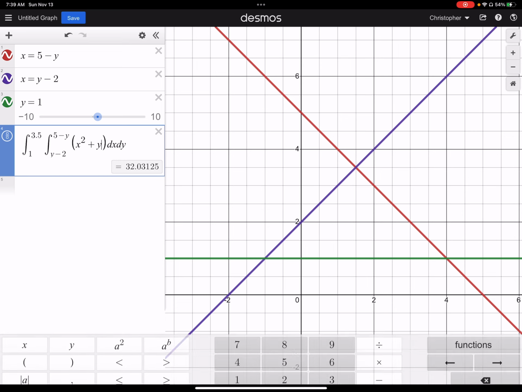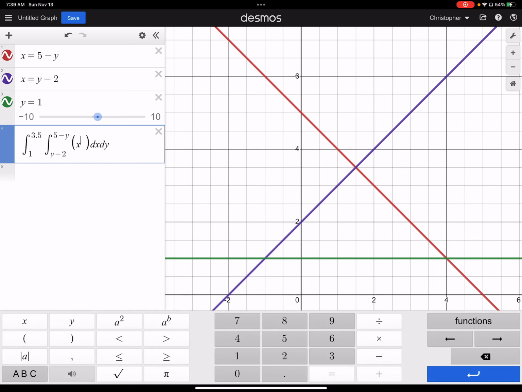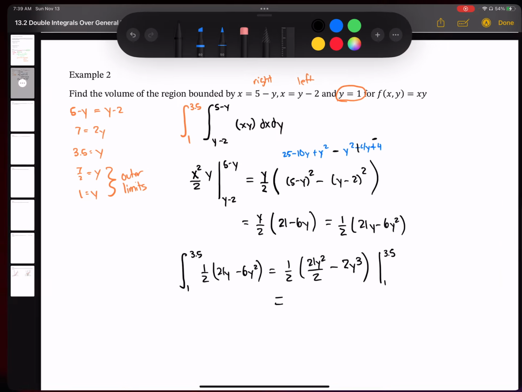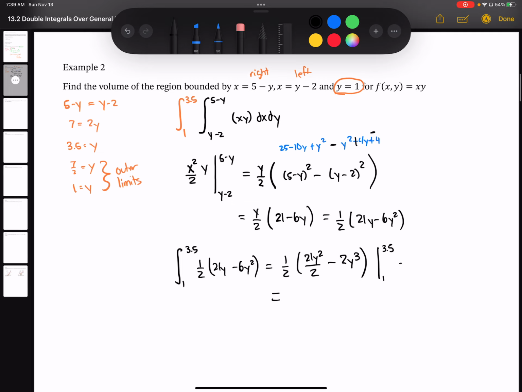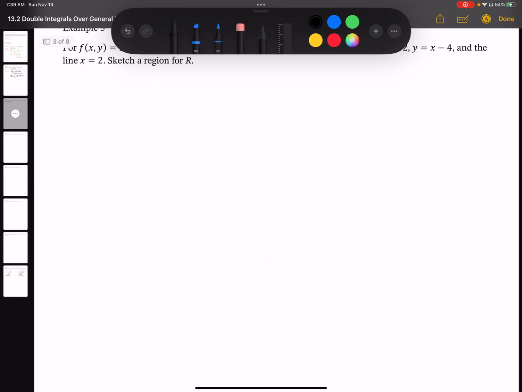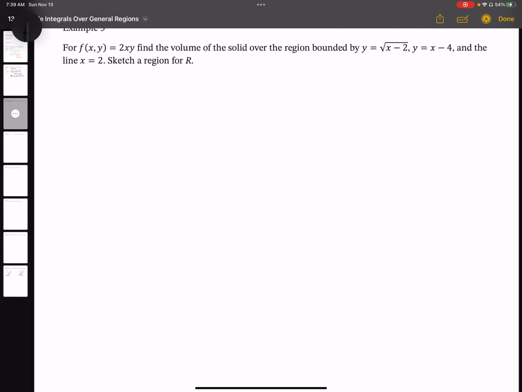Oh, it's not that function, it was xy. Yeah, so 17.1875. So this equals 17.1875. If we had a cleaner number than 3.5, we would do this by hand, but who has time to worry about decimals? All right, so one more example, and we'll call it quits.